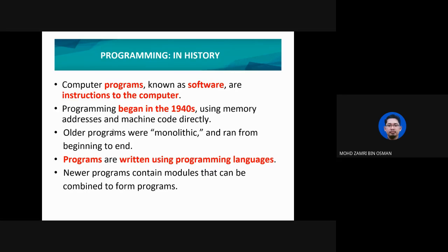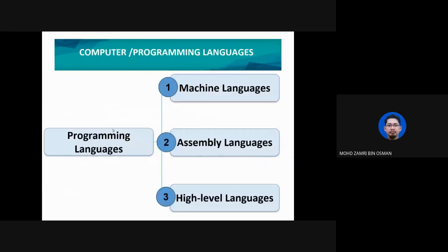This statement of num1 plus num2 is an instruction that needs to be converted into the binary language that can be understood by the computer. Remember that the computer only understands binary, 0 and 1 only.